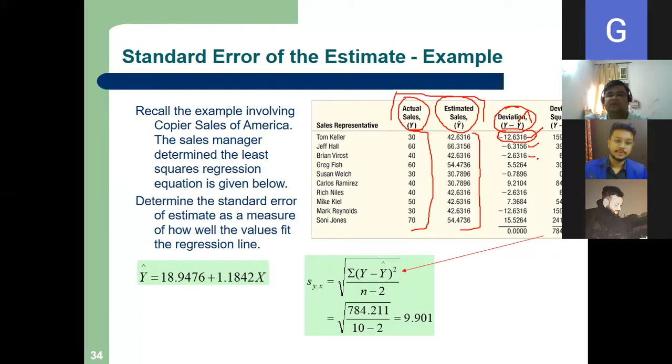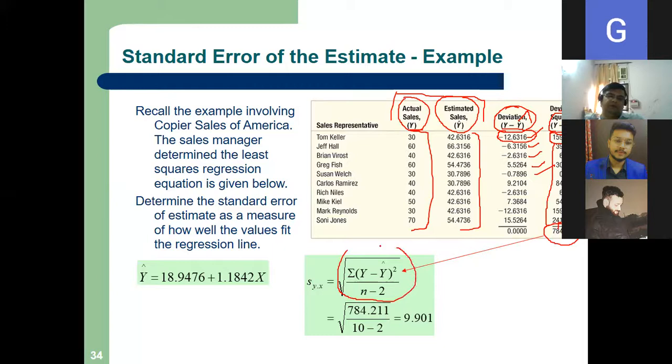Then square this, y minus y hat whole square. 12.63 whole square is how much? 159.55. In this way, square all of these and then take the sum. Okay, students, so this is our formula.